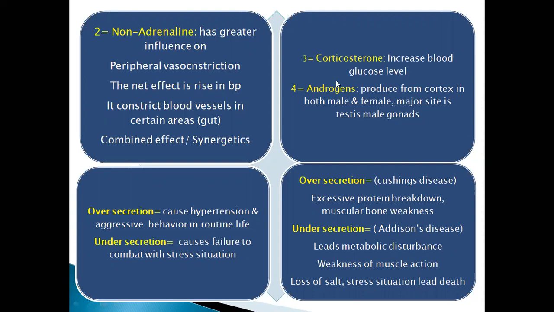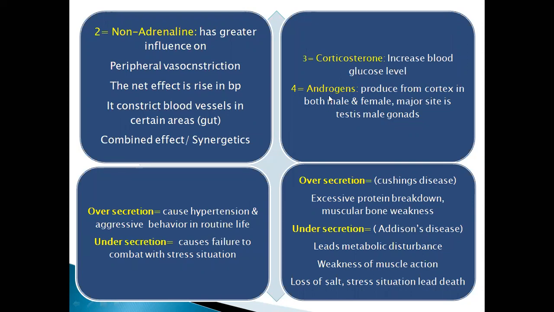Next is the androgens. The number 4 hormone, its second name is testosterone. It is produced from the cortex in both male and female. The major site is the testis, the male gonads. Because testosterone is a male hormone, it means it works in the male gonadal system.